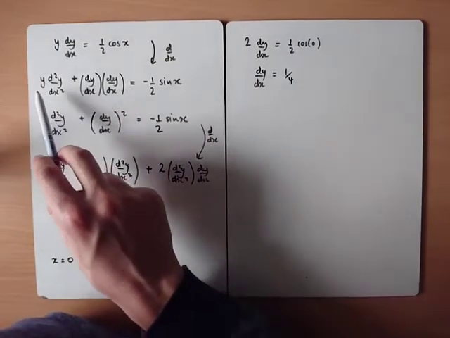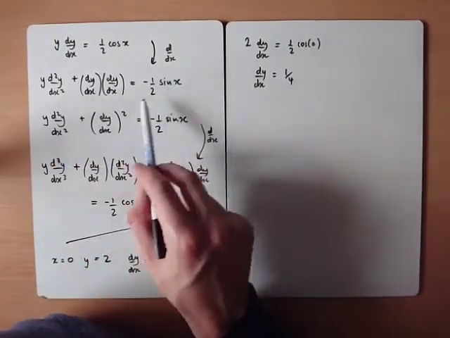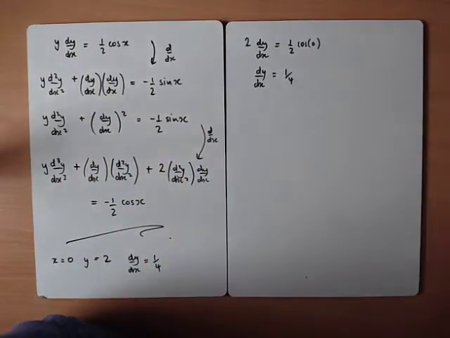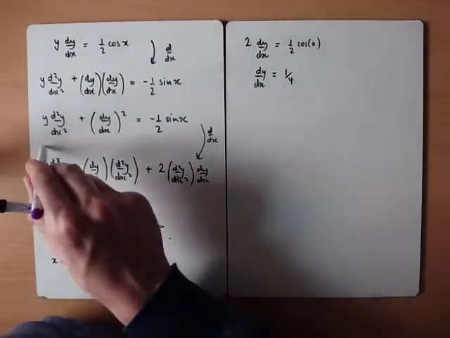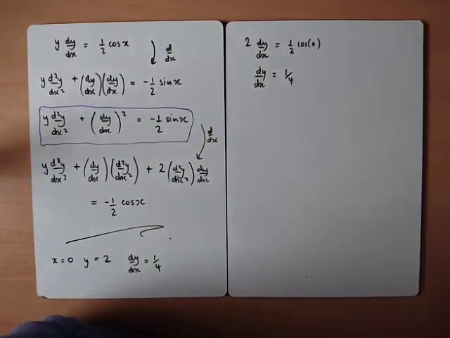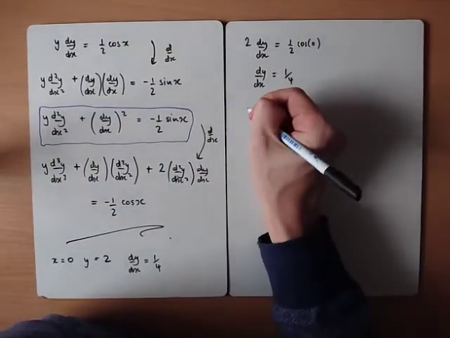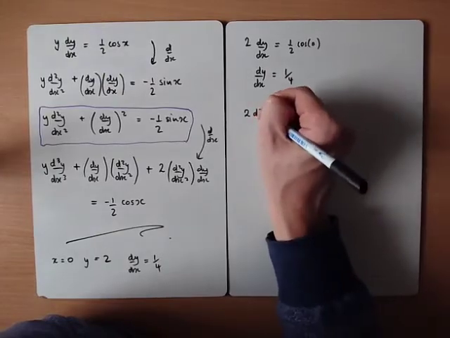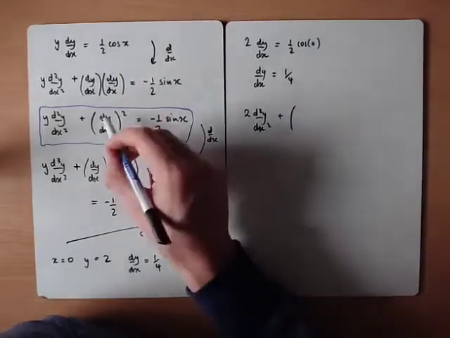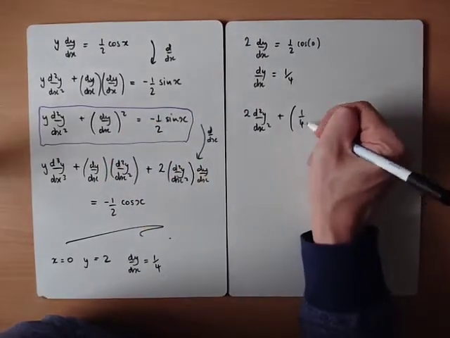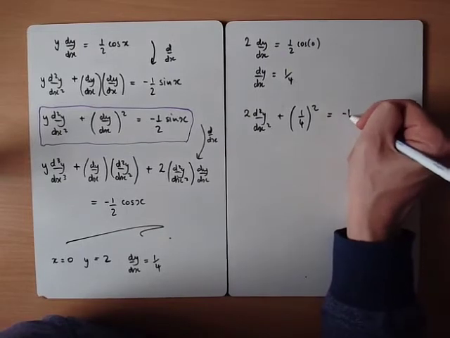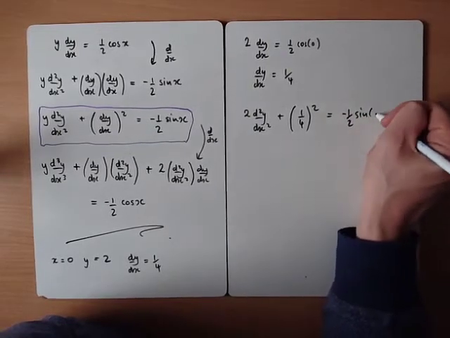We've got this equation which tells me about my second derivative. So if we sub into this one, we can find the second derivative. So y, which is 2, d2y by dx squared plus dy by dx all squared, which is a quarter all squared, equals minus a half sine of 0.